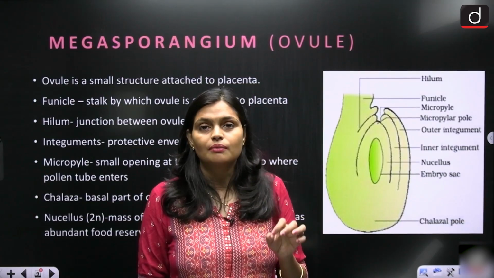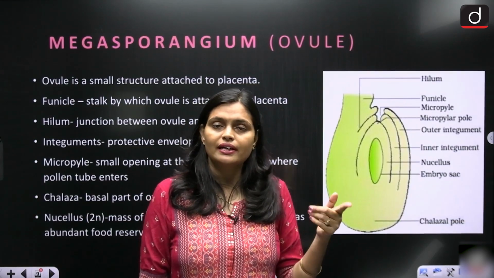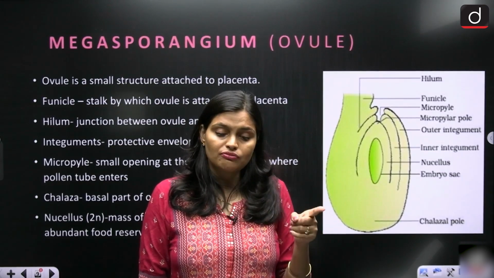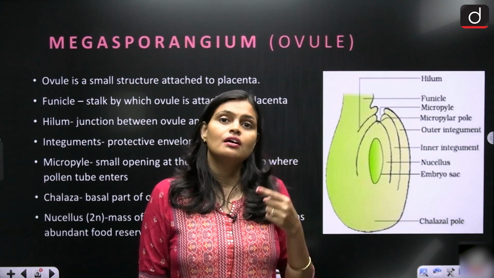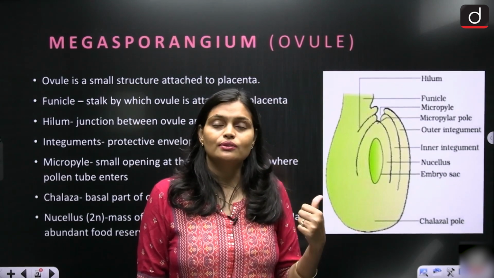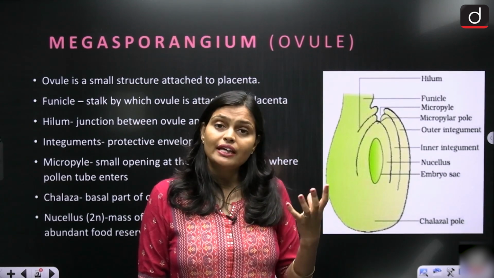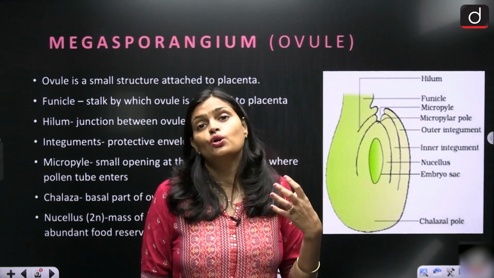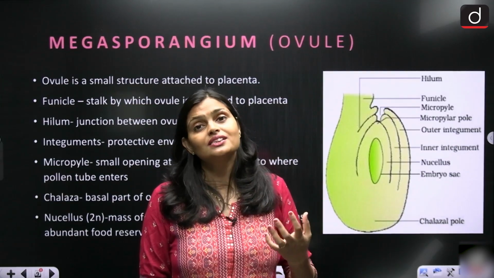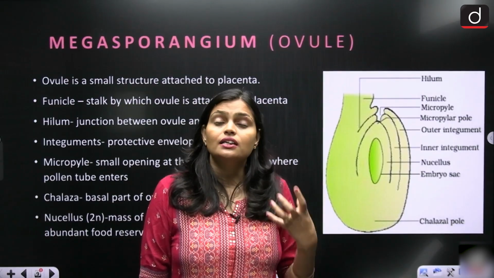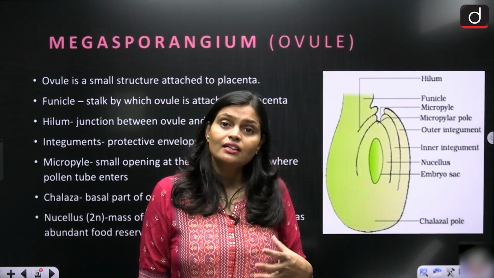Microspore कहाँ बना था? Pollen. Microspore ultimately matures into pollen grain. And where do you get the formation of microspore? Within the microsporangium. So similarly here you have megasporangium. And what is this megasporangium? Ovule. Ovule is basically considered a megasporangium, and this ovule is present in the ovary.